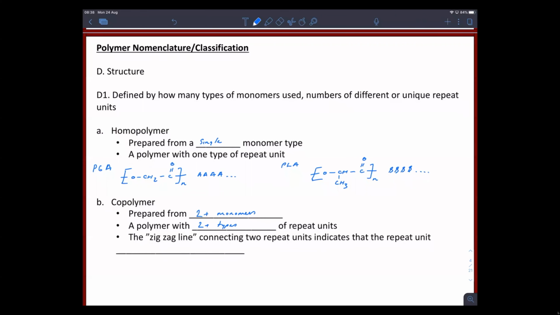What we actually use for these is a zigzag line between the connecting two repeat units to indicate that the sequence and order is not known. So the zigzag line is almost like an unknown that we don't know, but we know that that copolymer is in there. So the repeat unit sequence order is not known.